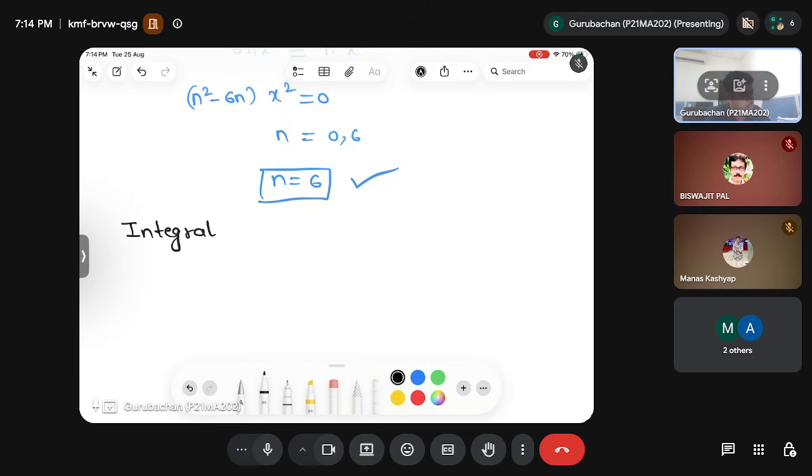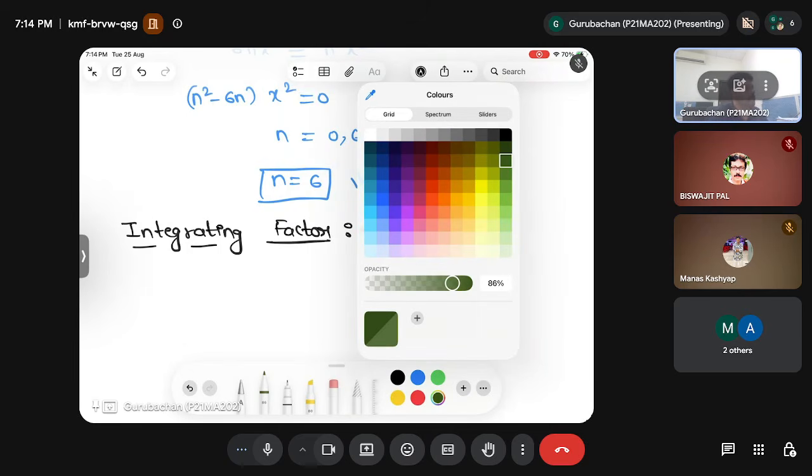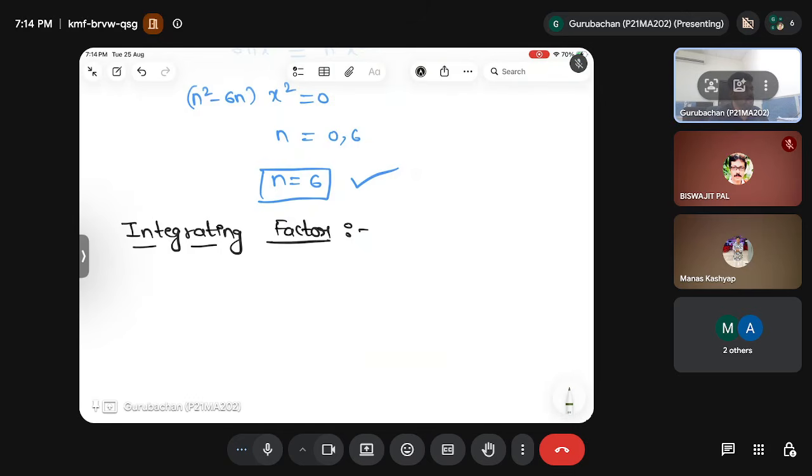How can we make a differential equation exact with the help of integrating factor? Tell me, what are the four different forms of integrating factor?